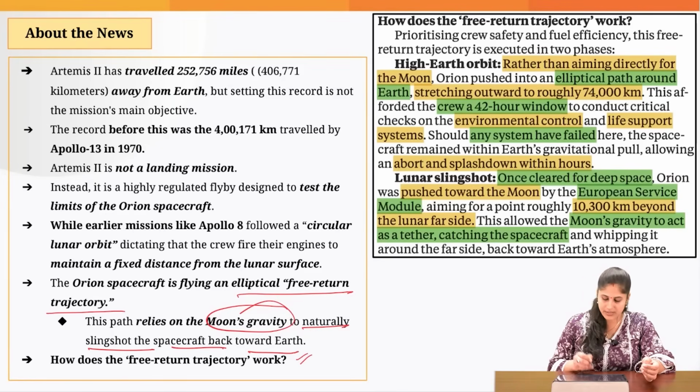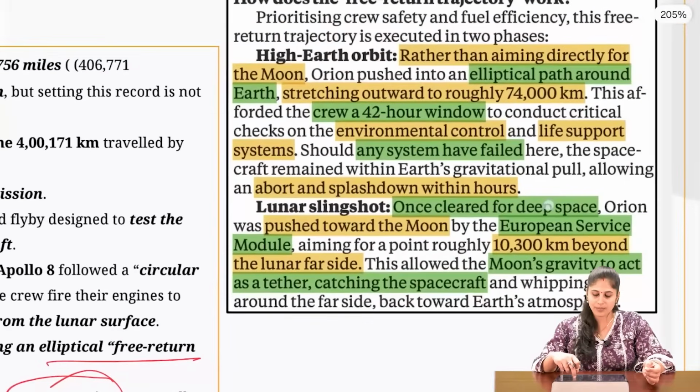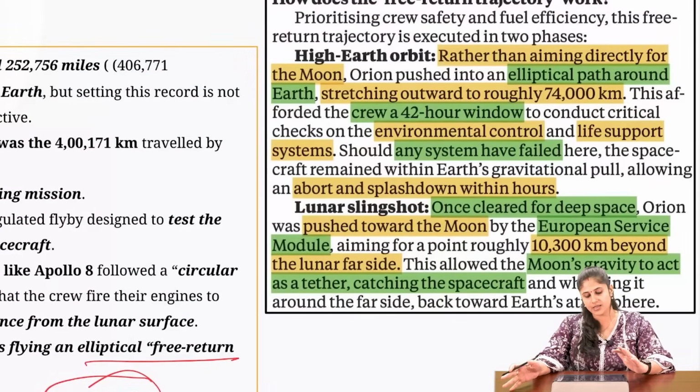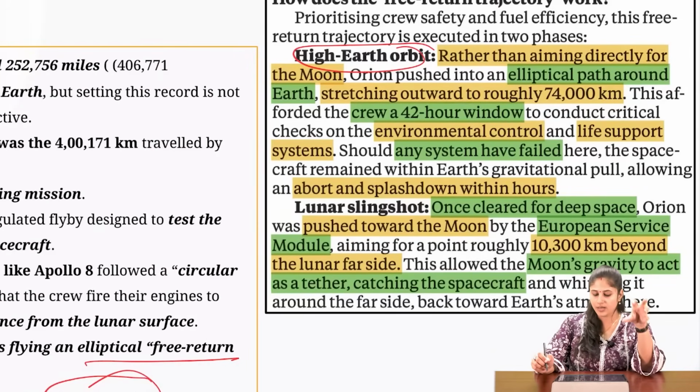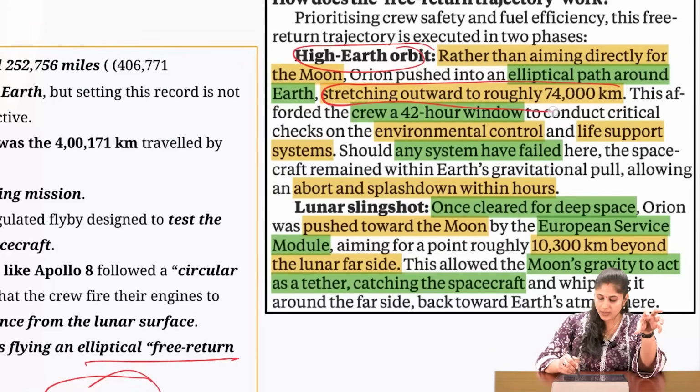How is this free return trajectory going to work? The first phase is the high Earth orbit, wherein the spacecraft would remain in a high Earth orbit which stretches around 74,000 kilometers, for a 42-hour window, just to test whether the Orion spacecraft is performing well or not.